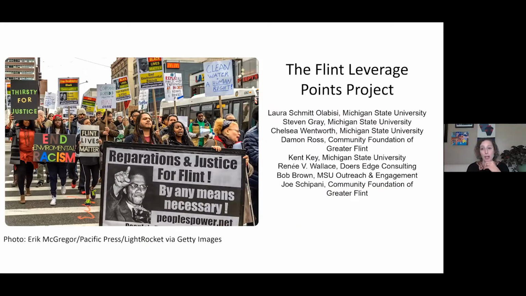I'm going to talk about a couple of techniques that we're using in Flint, Michigan. The story of Flint literally fills books, so I'm not going to be able to do it justice here. But just briefly, for those of you unfamiliar with what happened in Flint, in 2014, a non-elected emergency manager appointed by the governor of Michigan decided to switch the water source in Flint from the Detroit public water system to the Flint River.